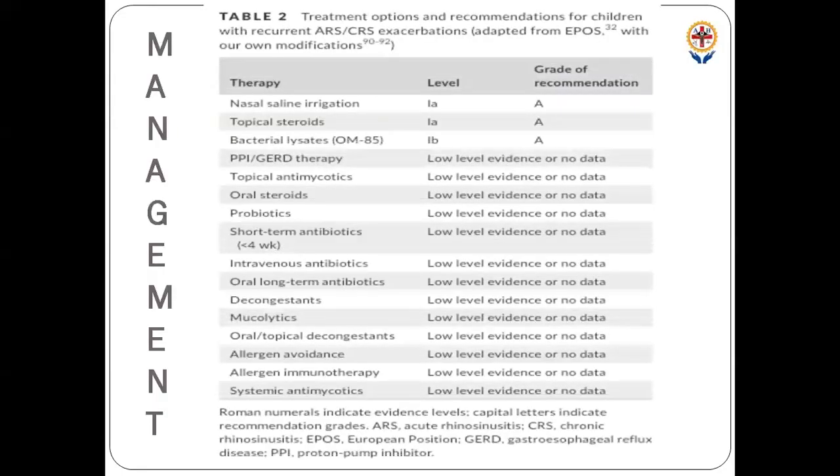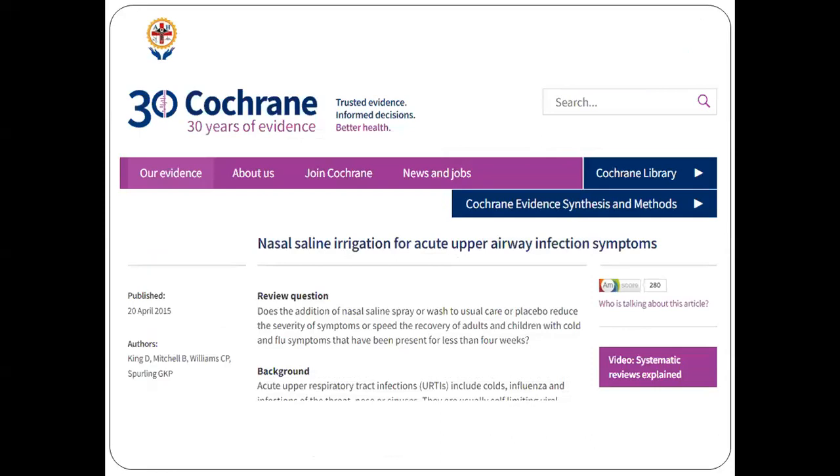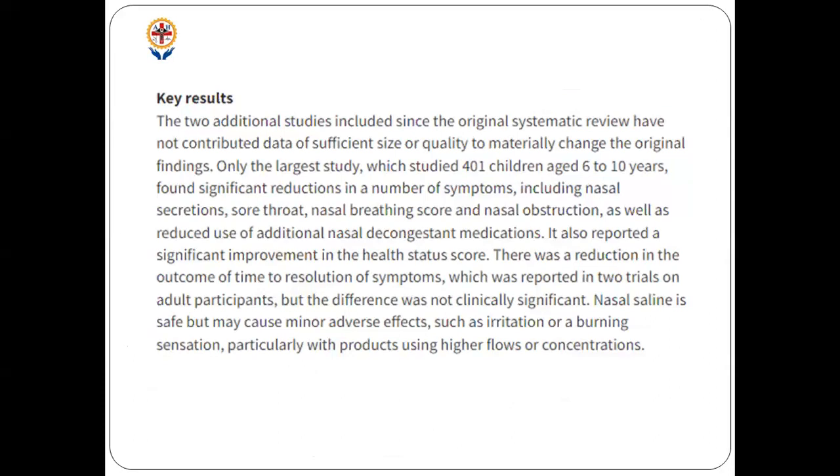There is level 1A evidence that saline nasal spray and topical steroids are recommended for recurrent URTIs. This is a Cochrane review done on saline nasal spray.